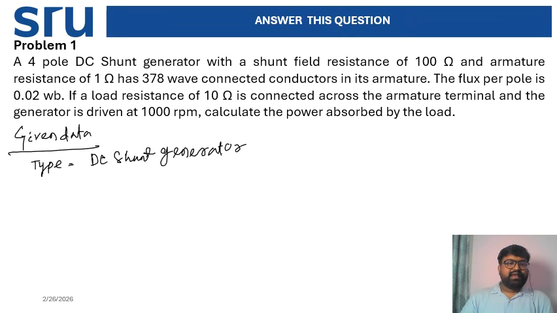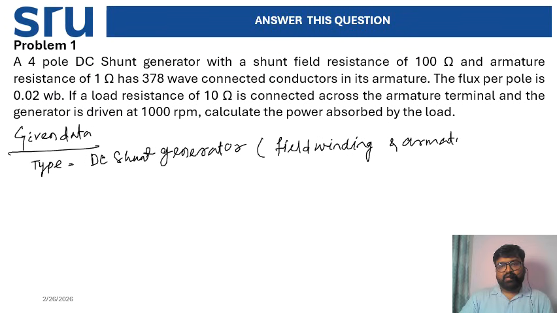In case of this DC shunt generator, the connections we already understand: the field winding and armature winding are connected in parallel.